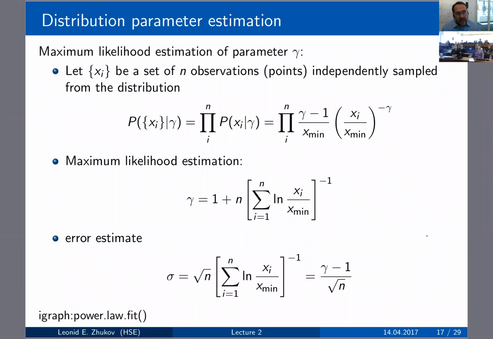Now, if you're not familiar with this, don't be afraid of those formulas. I'll just talk about the basics of why this works. If you're interested, you can dive into more of the mathematics. The key here is maximum likelihood estimation of parameters.